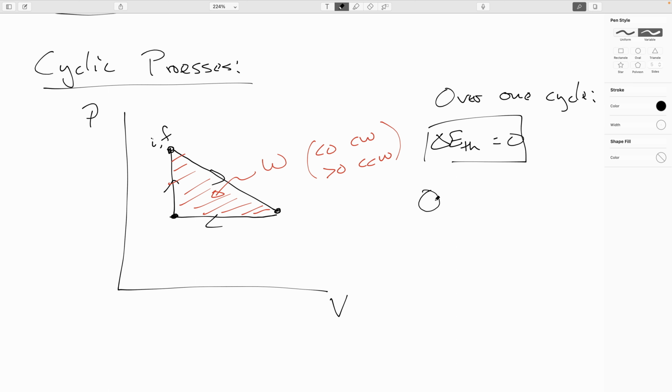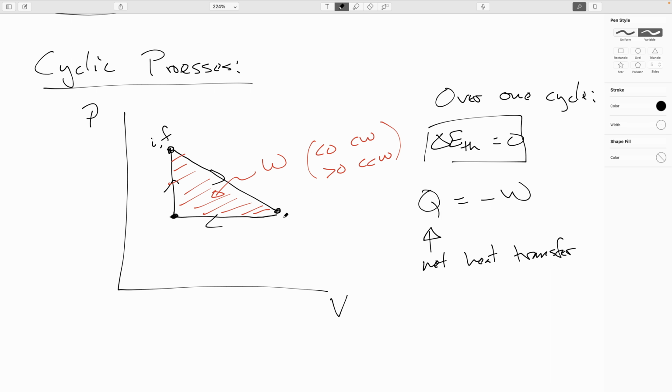And so again, the net heat transferred in is equal to the negative of the work done on the gas, or if you prefer, the positive of the work done by the gas. And here I'm careful to say this is a net heat transfer, because over parts of this process we'll be transferring heat in, and other parts of the process will be transferring heat out.